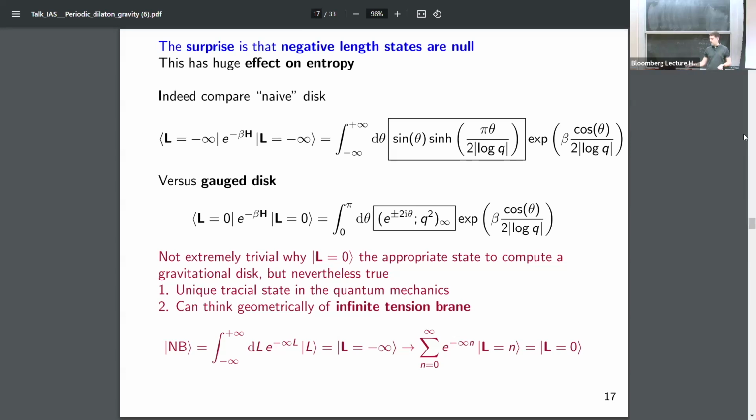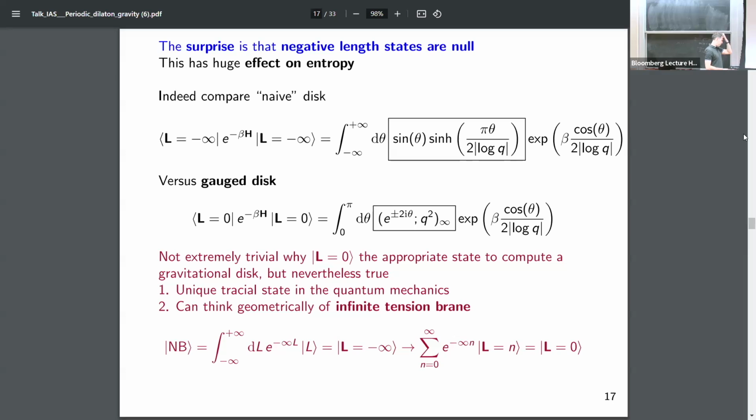A way to get nothing, somewhat intuitively, is to consider a brane with infinite tension. If you do that, then in one theory you project on the L is minus infinity state, which is correct. In the other case, you project on the L is 0 state, which is also correct, because negative n don't exist anymore. Okay, so it wants to go as low as possible.